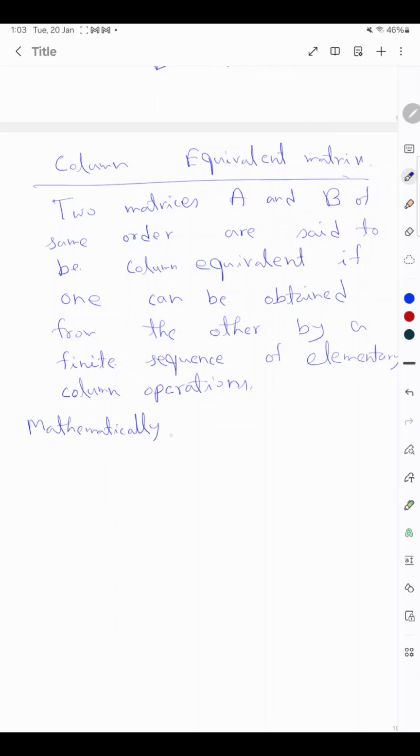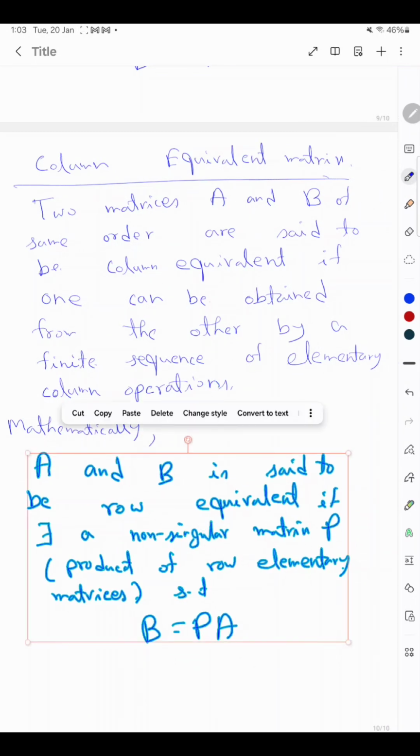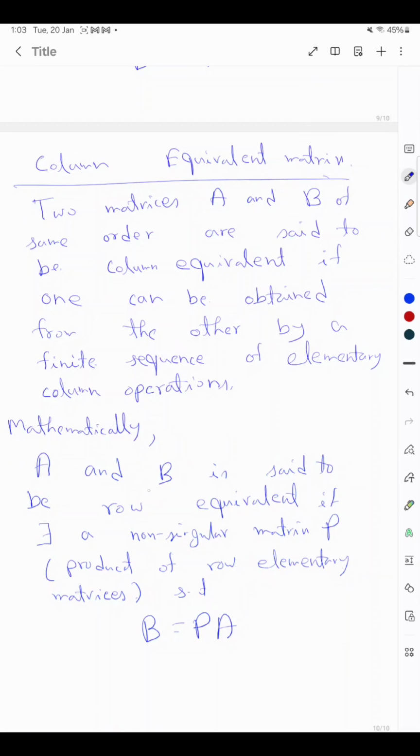Mathematically, A and B are said to be column equivalent if there exists a non-singular matrix, suppose I am writing Q, a product of column elementary matrices, such that B equal to A into Q. Remember, column elementary matrices are multiplied from the right side. Okay, so this is the change.